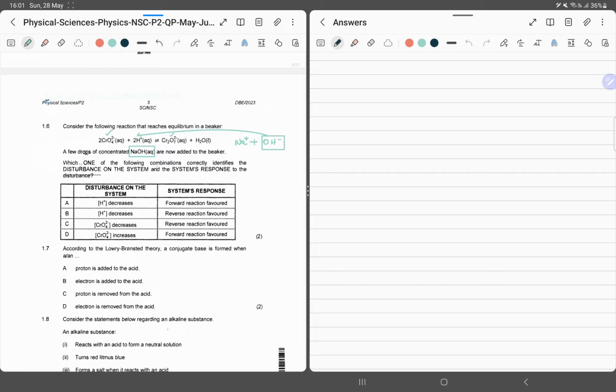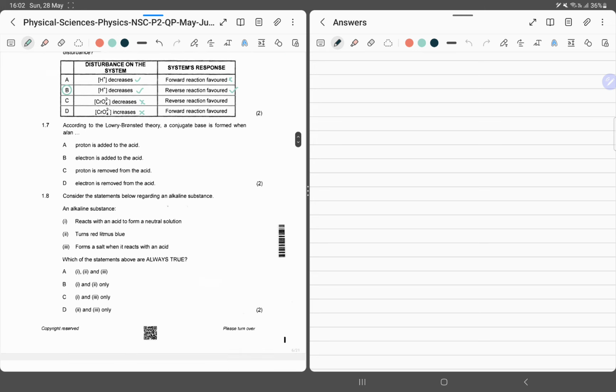The question asks which combination correctly identifies the disturbance on the system and the system's response. We see that we will remove hydrogen ions, but the chromate ion does not necessarily decrease because they each will share the sodium, so in a way that will be balanced. The reaction we favor is the reverse reaction, not the forward. So the answer is B.